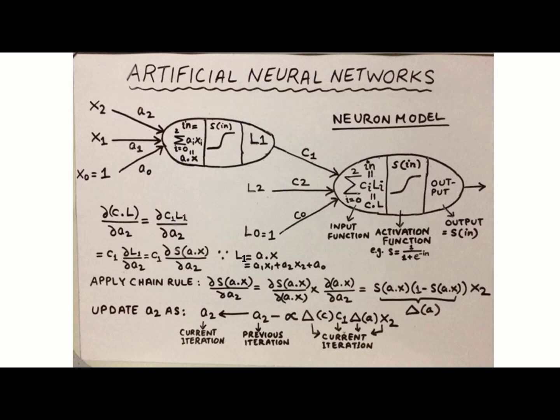And again, L is A dot X as we have defined in the neuron over here. And by the application of the chain rule, finally, the partial of A dot X turns out to be this.